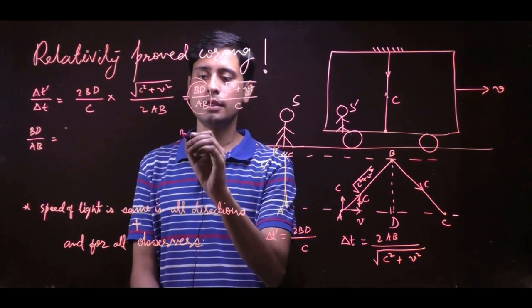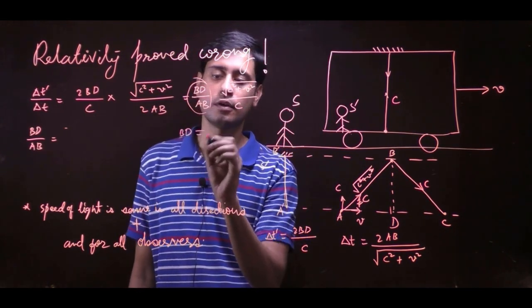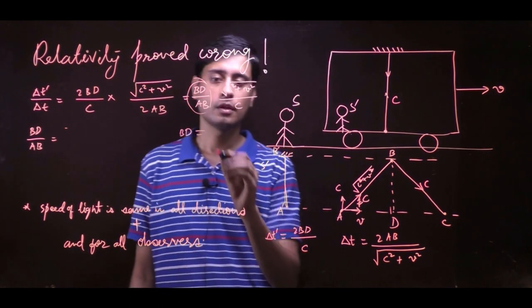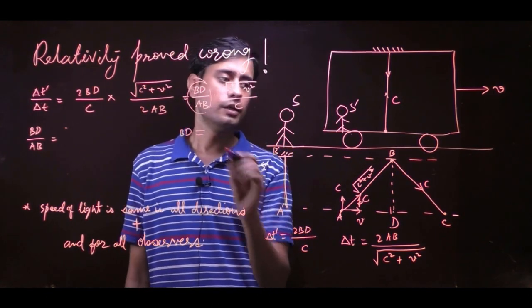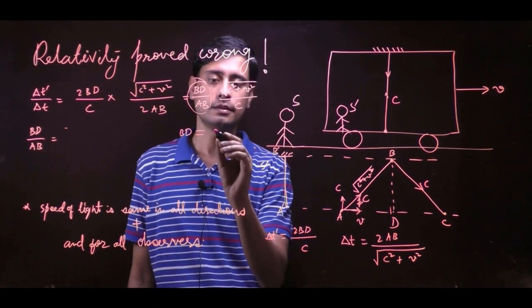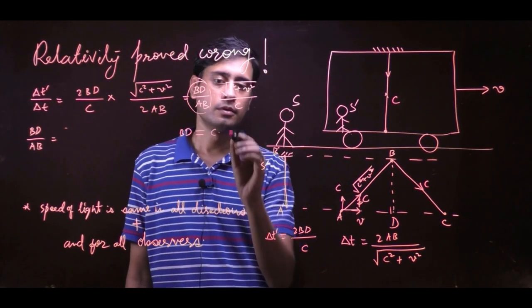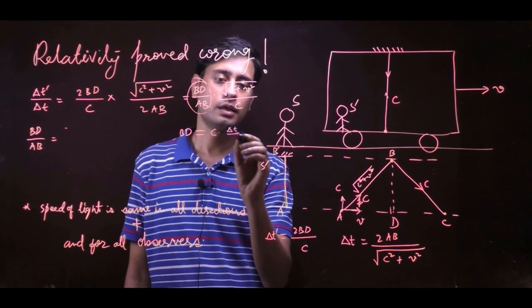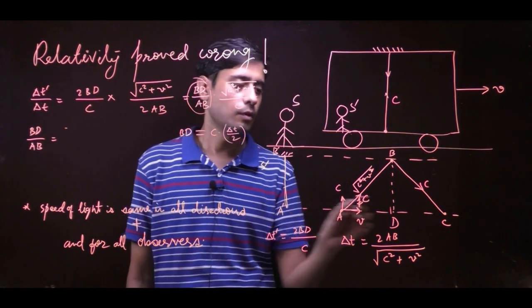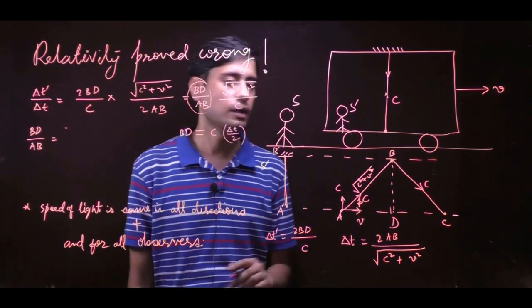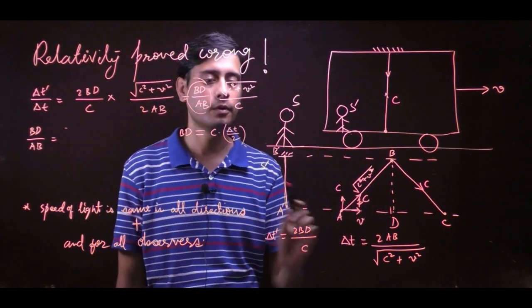So BD is equal to the speed of light c into delta t by 2, since from here to here the time taken by light is delta t upon 2.